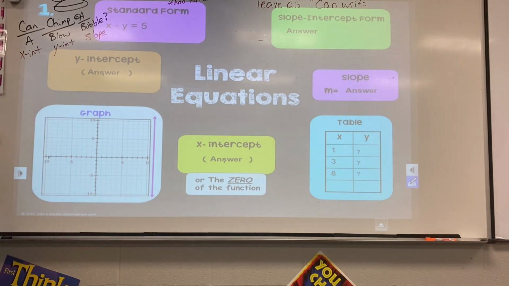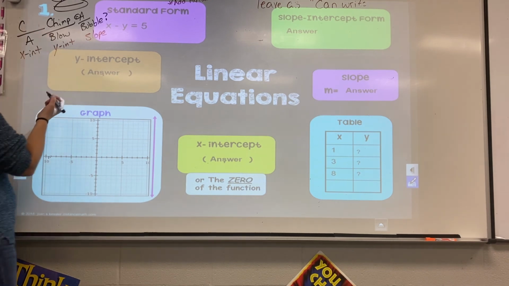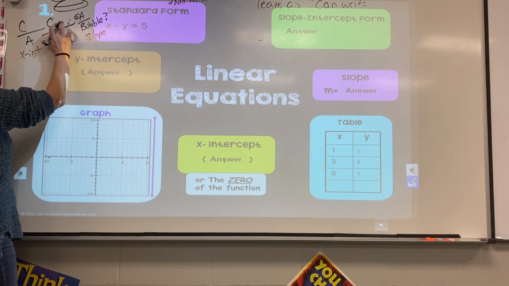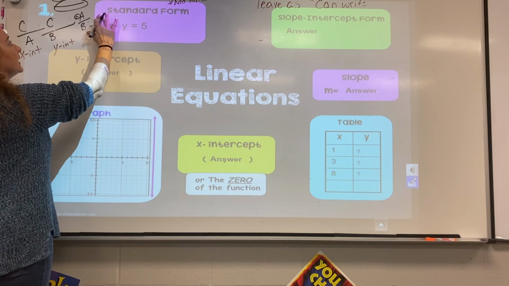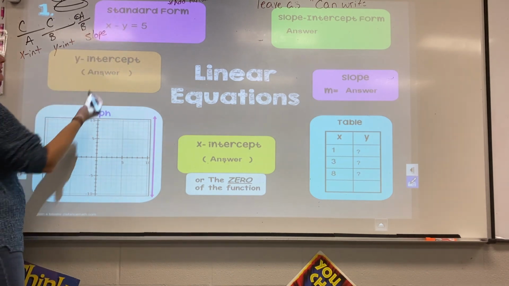So what is the "can a chimp blow a bubble" talking about? It's talking about the C over the A, the C over the B, and the A over the B in standard form.